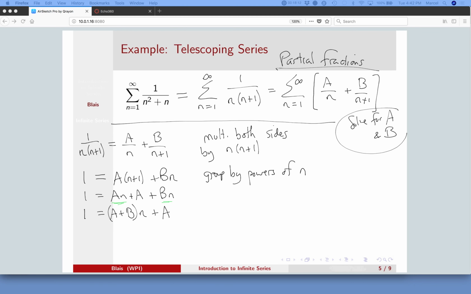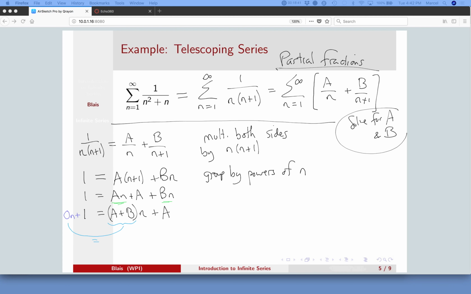And the idea is we match up coefficients according to powers of n. So think on the left-hand side as this being 0 times n plus 1. What we now can do is match up these coefficients by saying the coefficient of n on the left has to match the coefficient of n on the right.